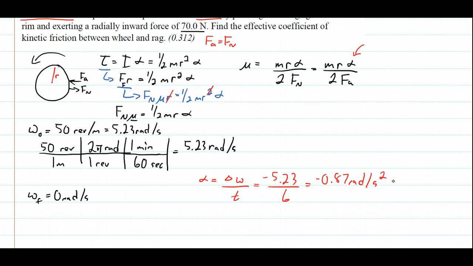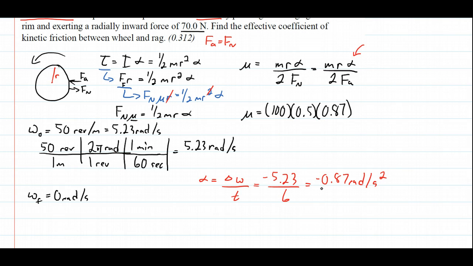So now we can plug that into our equation above and we have all the information we need to solve. Our mu will just equal the mass of the disk, which is given as 100 kilograms, times the radius of the disk, which is given as 0.5, times our angular acceleration, 0.87.